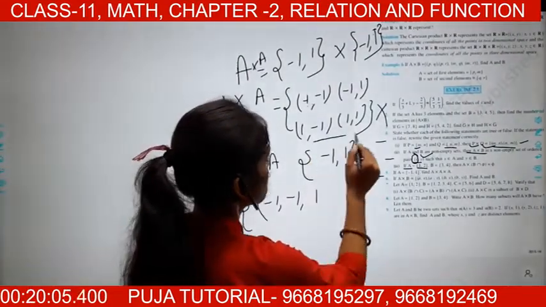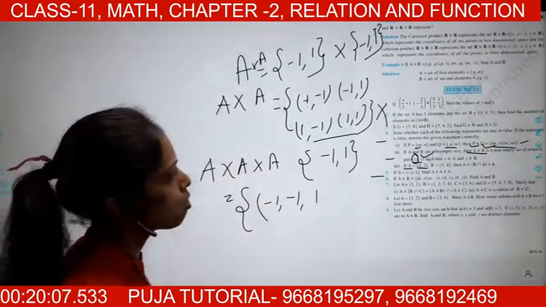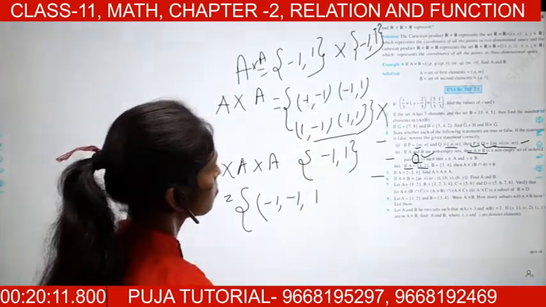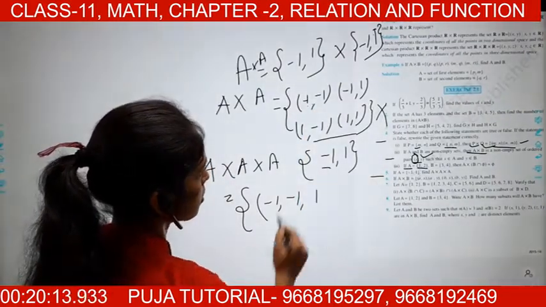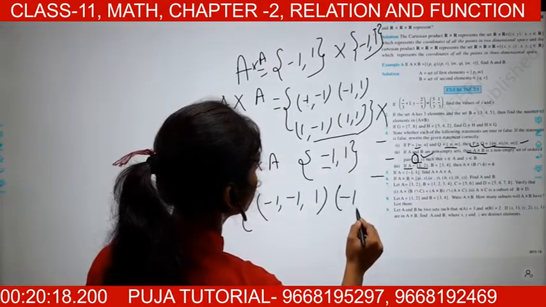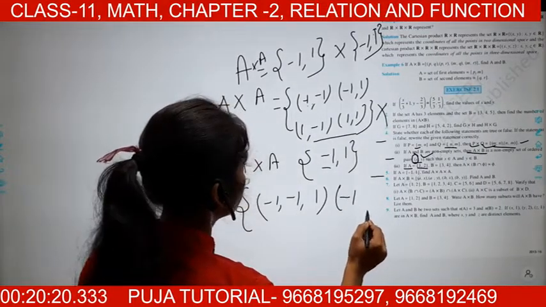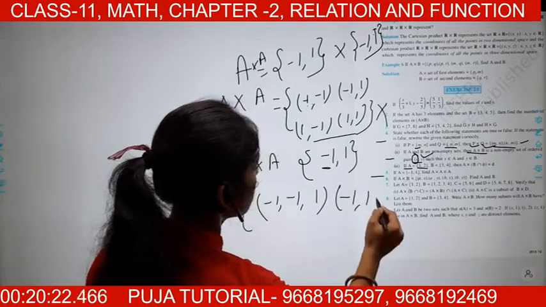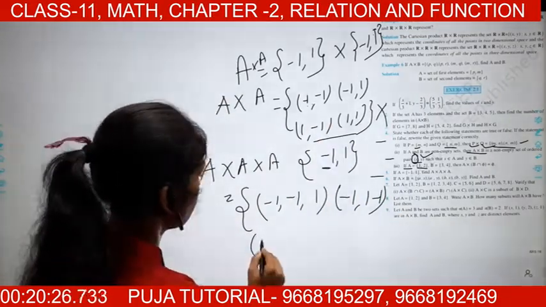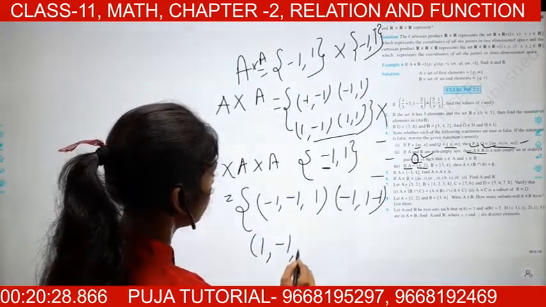Then this is A cross A cross A. Then minus 1, minus 1, and this is minus 1. Next one, minus 1, 1, and this one minus 1. Okay, third one, 1, minus 1, 1.